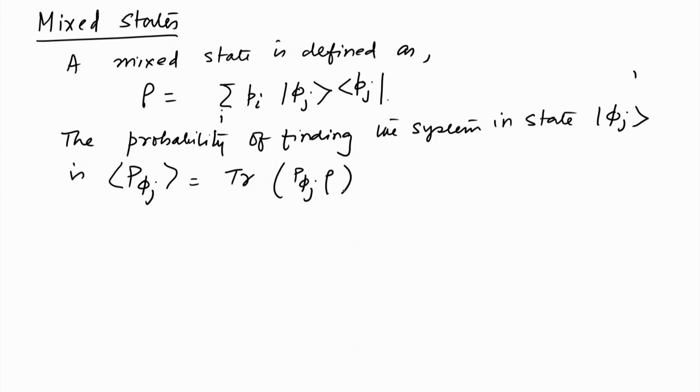This is by using the definition that the expectation value of any operator would be the operator multiplied by the density matrix, and then the trace has to be taken over.